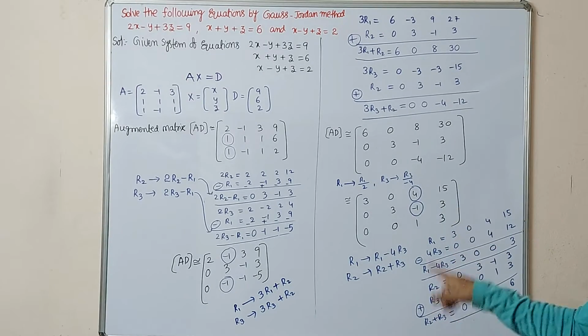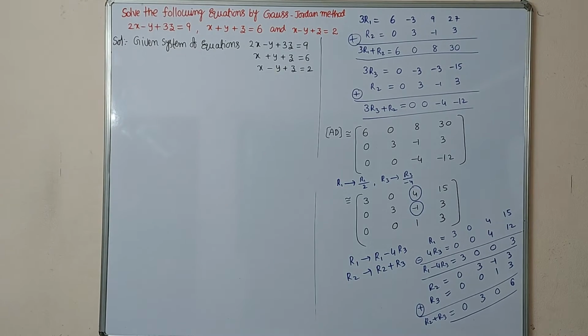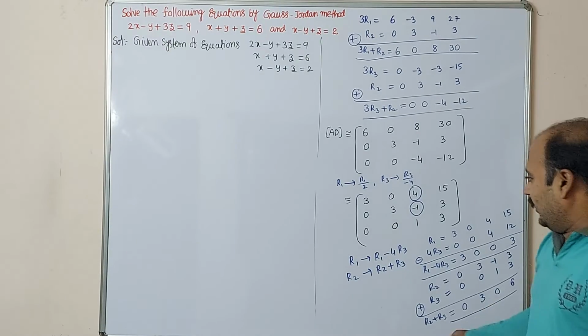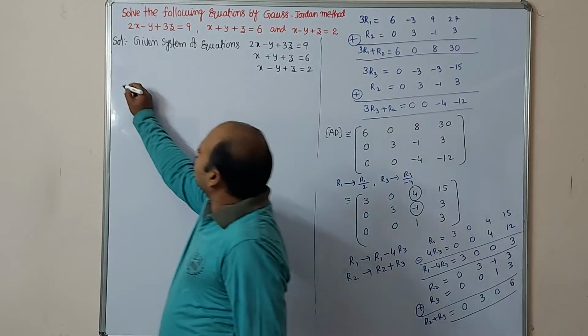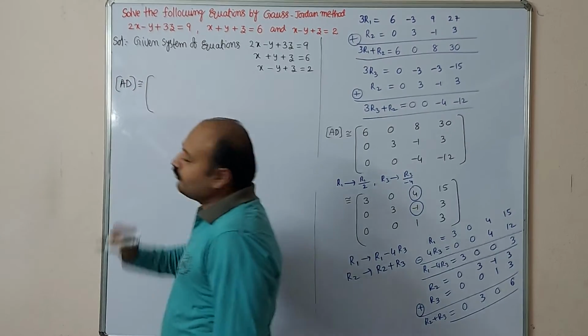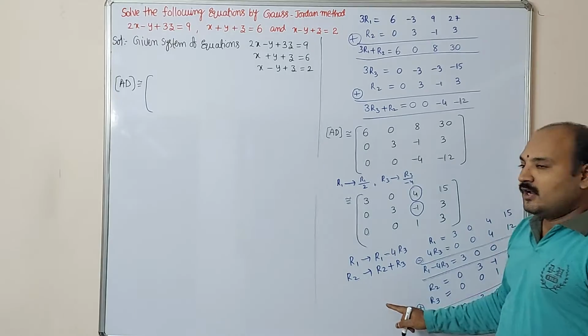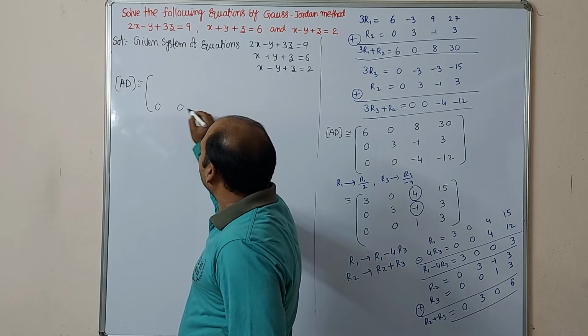I will rub this, dear students. I will write it. Here in this we are going to apply these values. So the augmented matrix AD is approximately equal to: we are not changing R3 value, as it is, 0, 0, 1, 3.